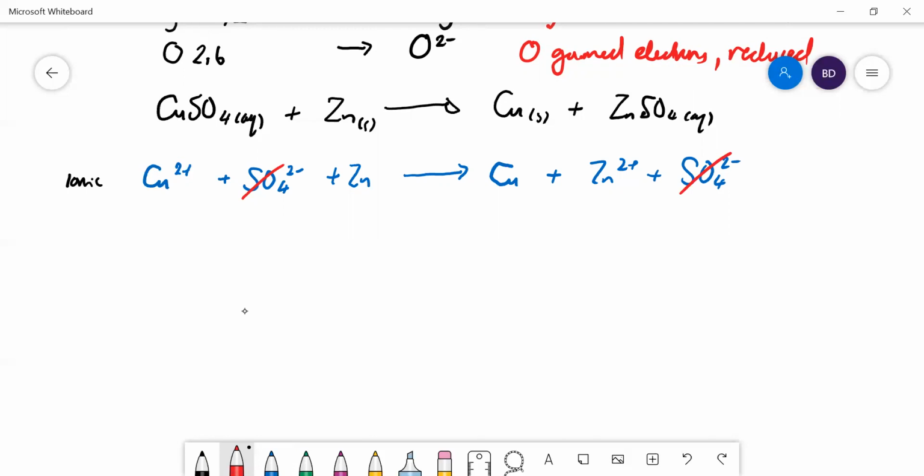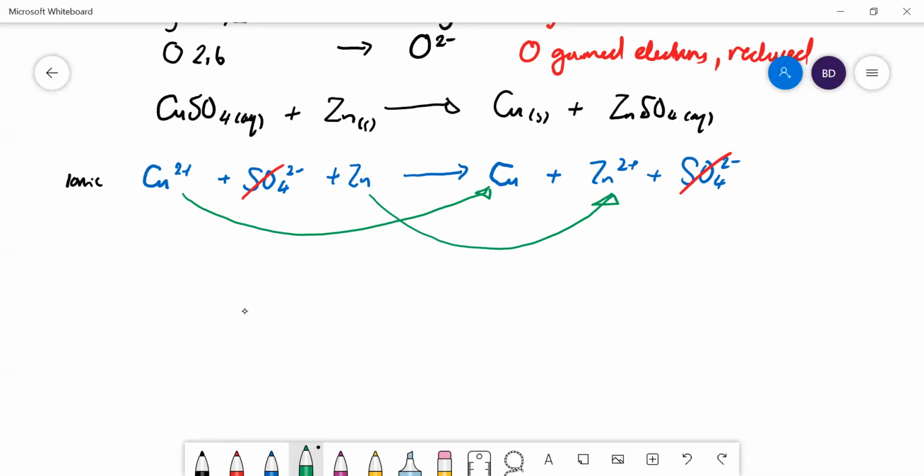So we can now see the wood for the trees, and we see really what's happening here. Copper has gone from Cu2+ to Cu. It's gained 2 electrons to do that. And the zinc has gone from Zn to Zn2+, so it's lost 2 electrons.